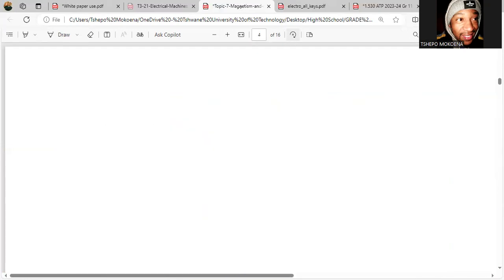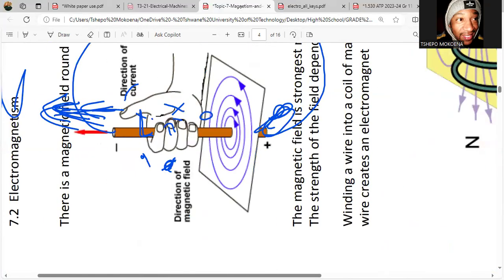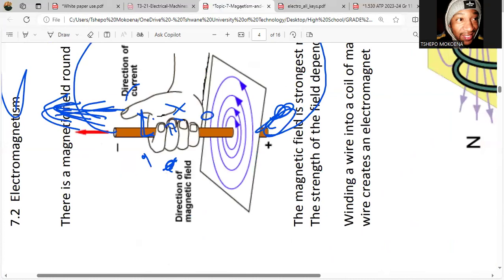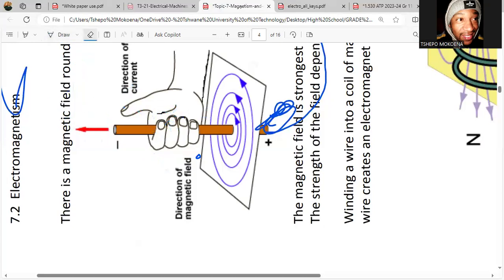Yeah, I think this is it. So, yes, it was moving out of the page here, remember, from that solenoid. It was moving out of the page, and then it was into the page, so meaning your hand will go into the page there. Your hand will go into the page on this side and will come out.